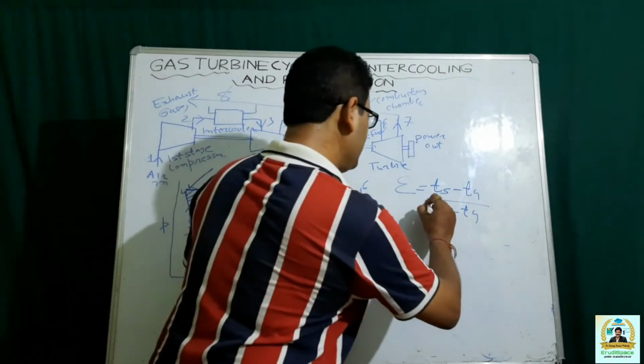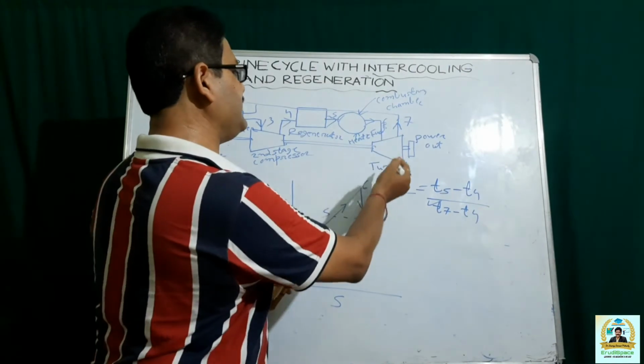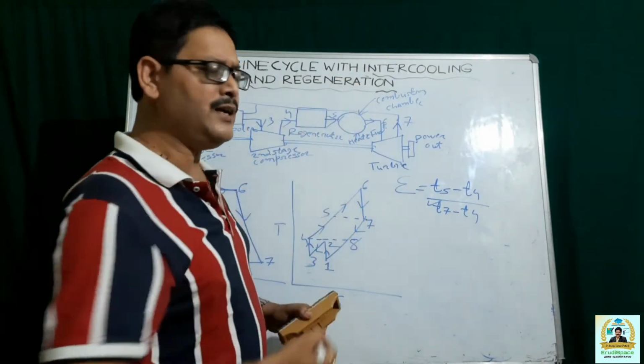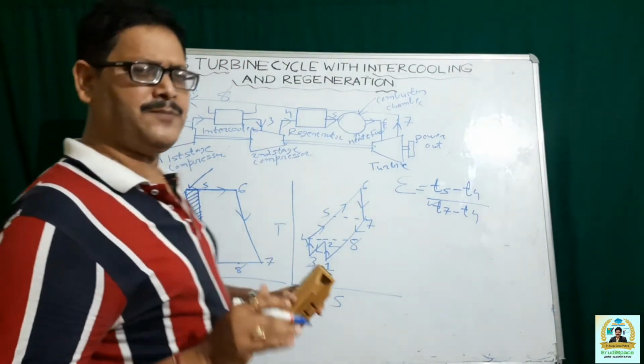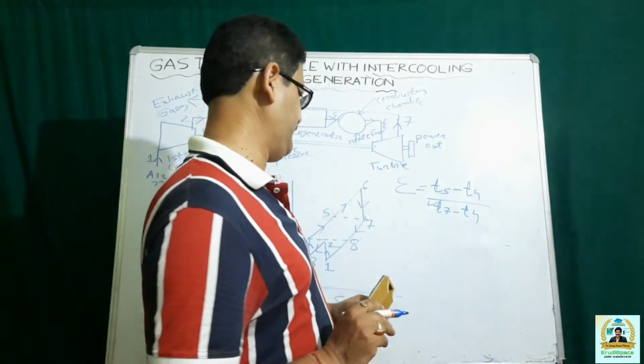So what is T7? T7 is the temperature at which the exhaust gas is leaving the turbine and entering the regenerator, and effectiveness in all practical applications is less than 1.